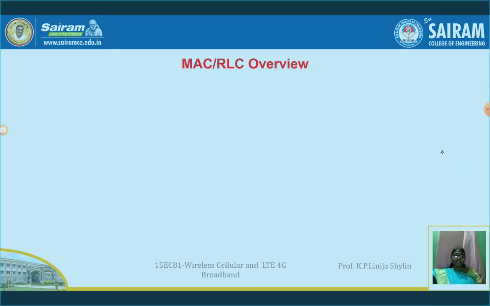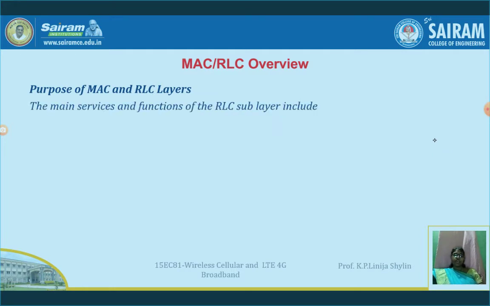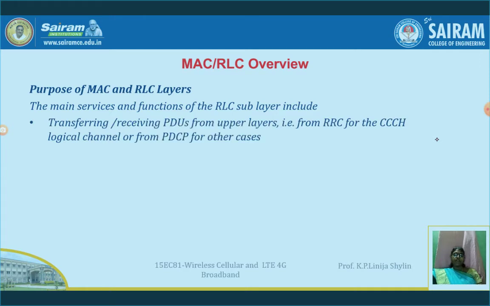Then let us see the purpose of the MAC and RLC layers. There are several services and functions of the RLC sublayer. First, it is used for transferring as well as receiving packet data units.